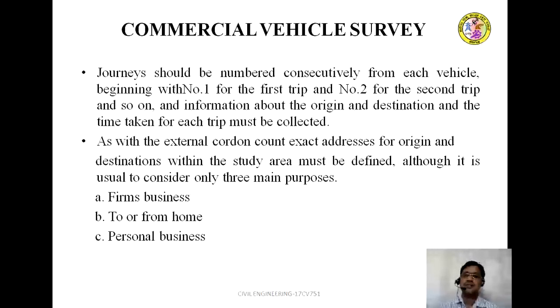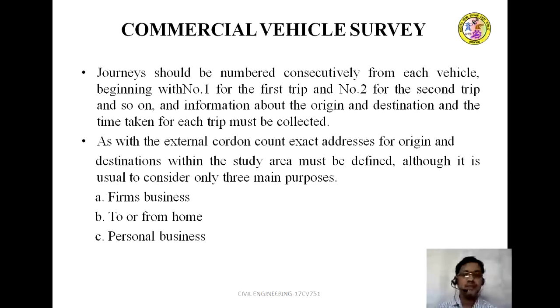Firm business means that if a finished product is moving from one station to another, who is the firm and what is the product being delivered. Second, to and from the home means from the home base to commercial, and that information gives more in terms of purpose.